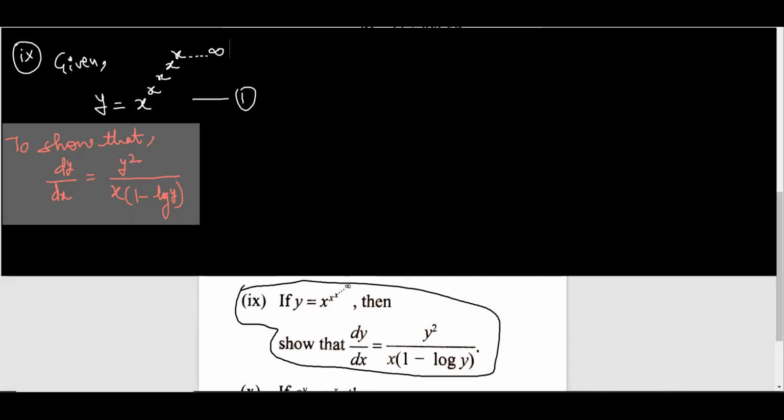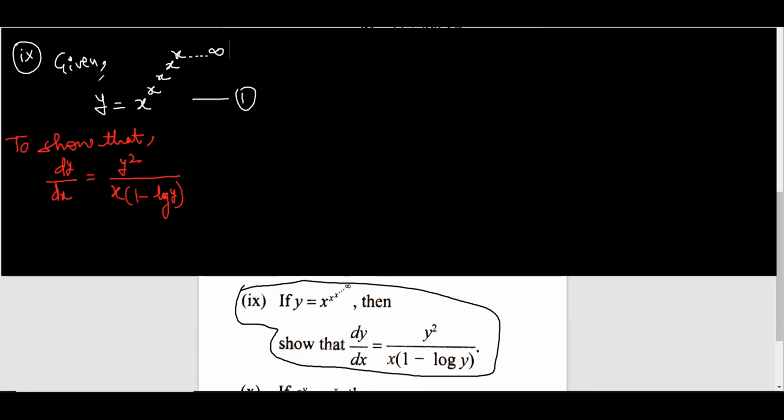So the idea is very simple. If y happens to be this, then prove that dy by dx would be this. Okay. See, if you remember in the earlier lectures, we had once y equal to x raised to x raised to x, x raised to x raised to x. And there I told you that whenever you see such a thing, you always consider it to be this way.